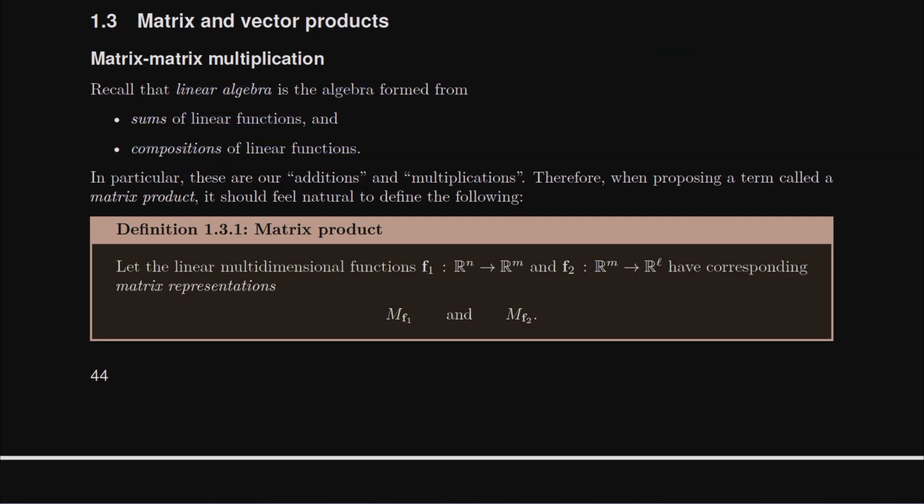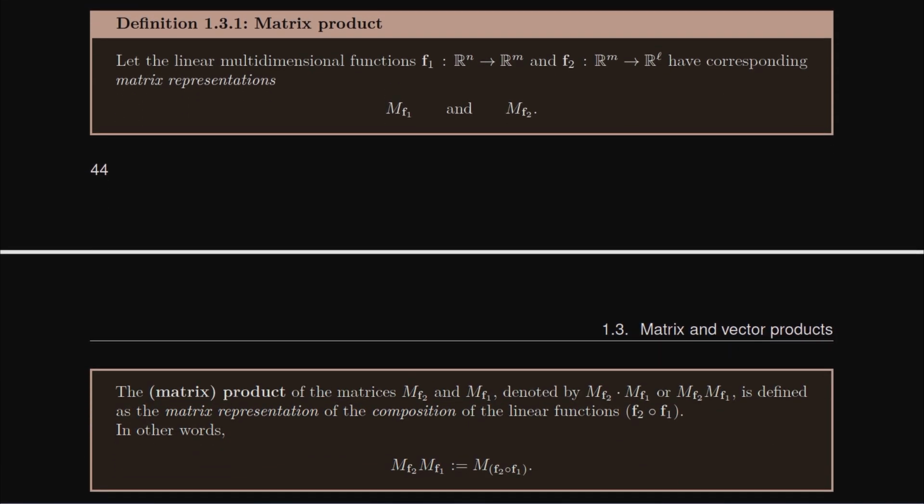And so how are we going to end up defining something like a matrix product, or in other words, a matrix multiplication? We recall matrices, like 2, 3, 1, negative 1, 0, 2, 2, 2, negative 1.